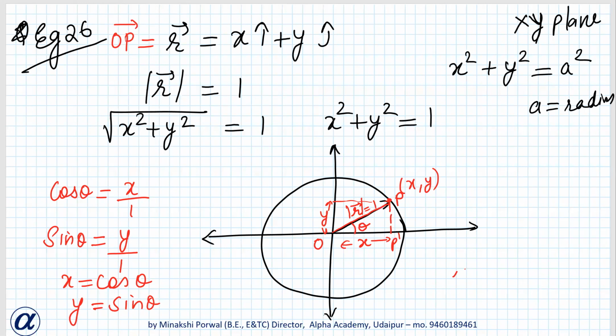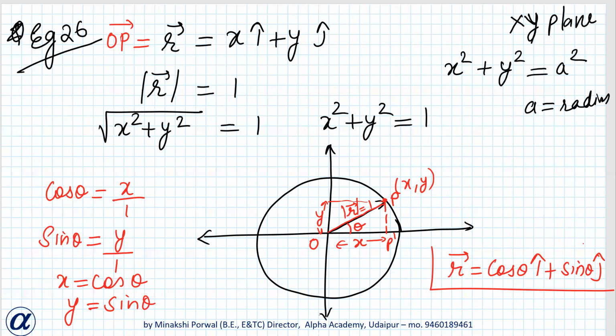So the vector r can be written as cos theta i cap plus sin theta j cap. This represents all the unit vectors in xy plane, where theta can take all values, and all the unit vectors will have their end point on this circle and their origin at the center.